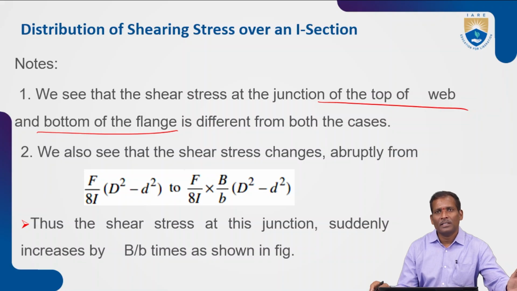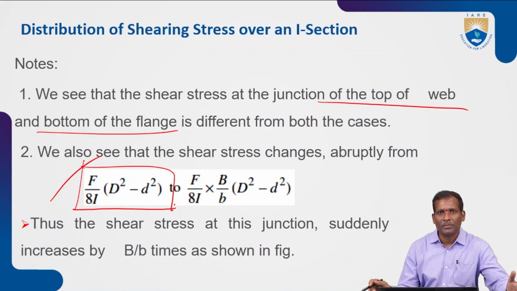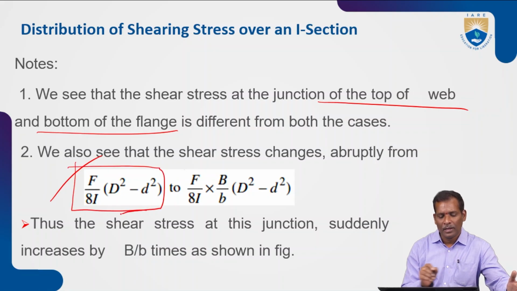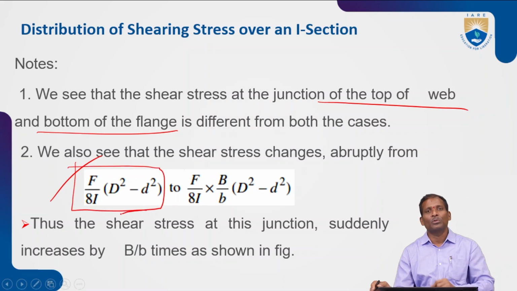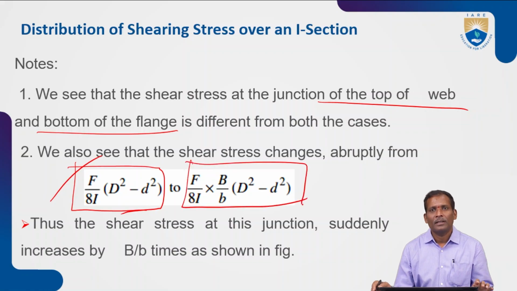We also see that the shear stress changes abruptly from F by 8I into capital D square minus small d square to F by 8I into capital B by small b into D square minus d square.